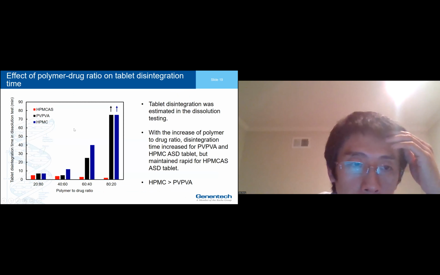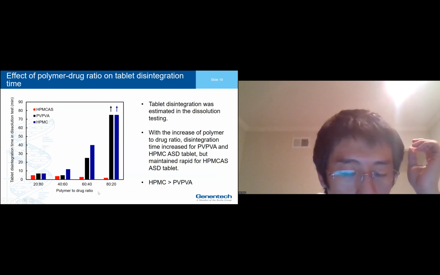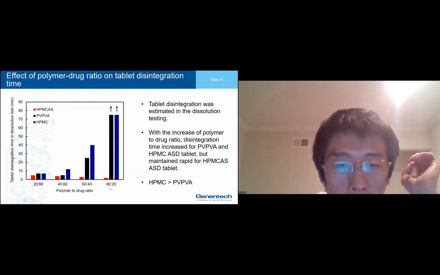Here's the disintegration time for the different ASD tablets. We have HPMCAS, PVPVA, and HPMC, and the polymer-to-drug ratio increased from 20 to 80 up to a higher polymer-to-drug ratio, 80 to 20.